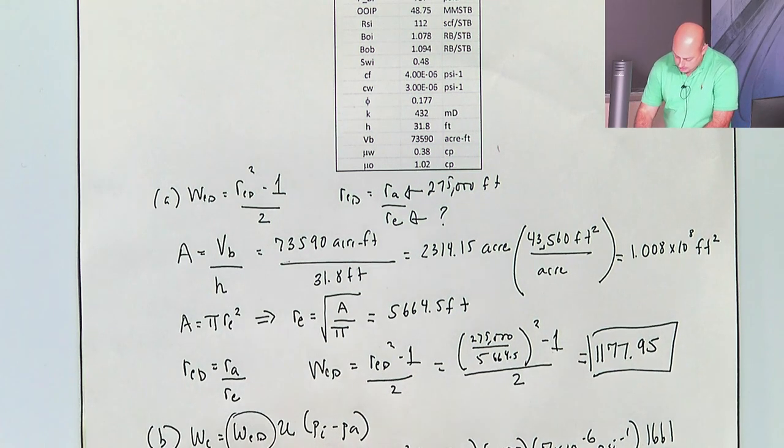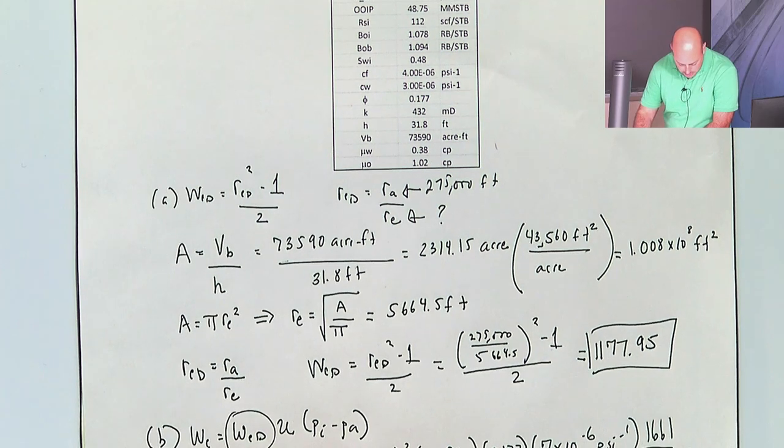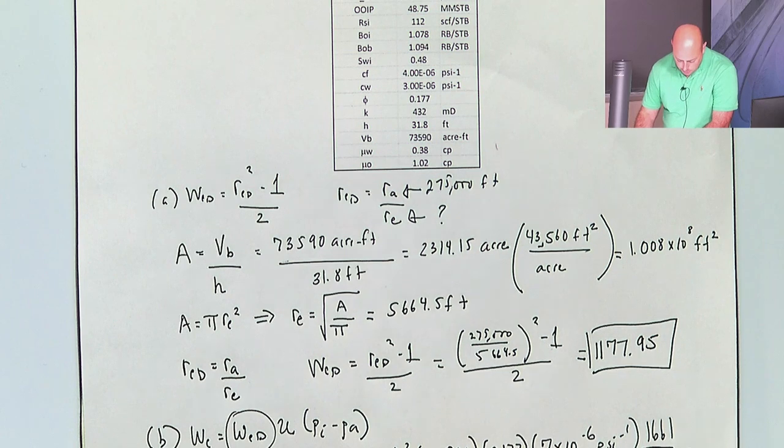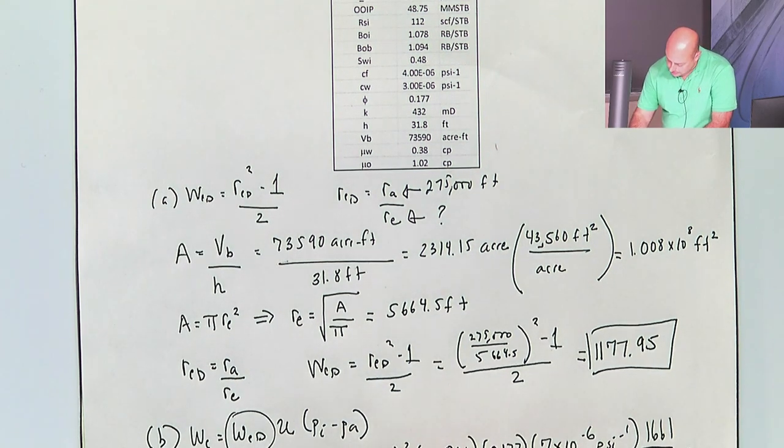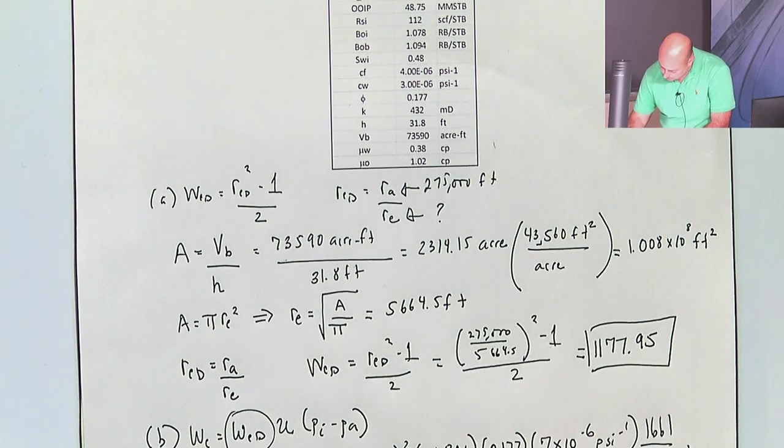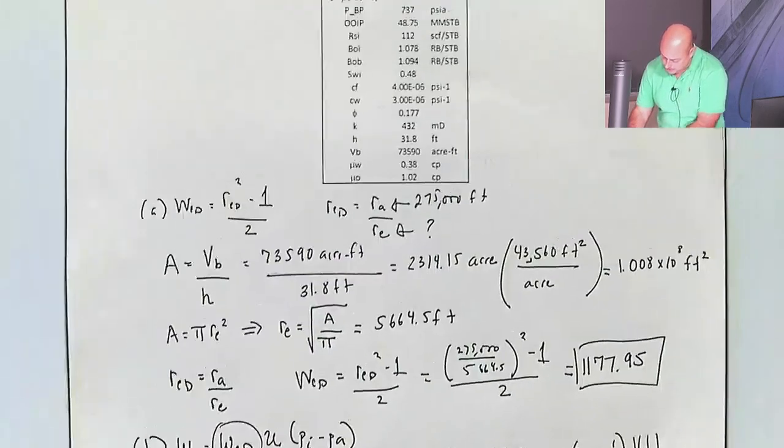And then WE is simply going to be WED U (PI minus PA), which we know is 1177.95 times U, which is 1415.92 barrels per PSI. Good to put in our units so we don't make a mistake there.